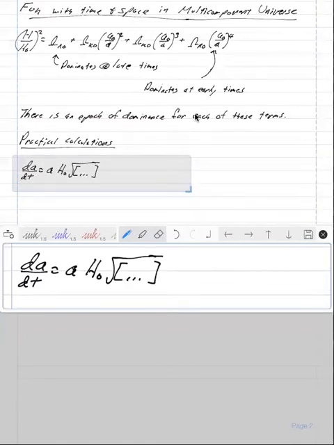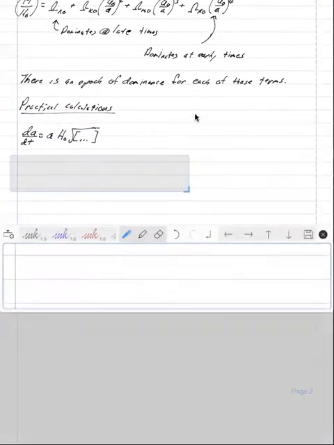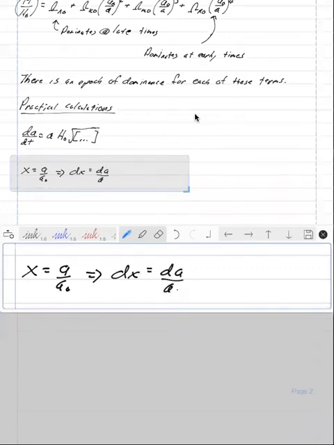Now, when we calculate times and distances, it's convenient to rewrite this in a dimensionless form. So for example, x is equal to a divided by a0. If we make this substitution of variable, then dx is equal to dA divided by a0.